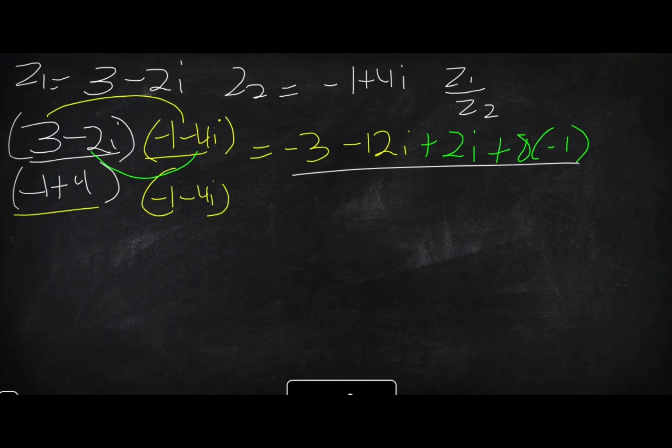Over our denominator, we already know that anytime we are multiplying a complex number by its conjugate, it's just the sum of the squares of the real number and the imaginary number.